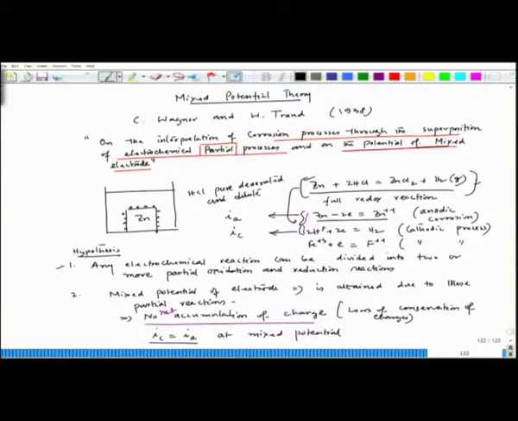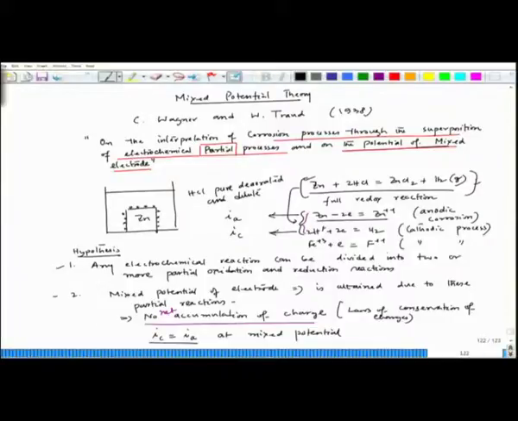The second hypothesis says that because of these partial oxidation and reduction reactions, the electrode will achieve a mixed potential, and there should be no net accumulation of charge. This indicates the law of conservation of charge, and at that time IA should be equal to IC.